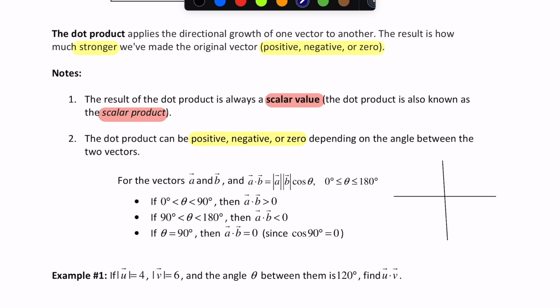Using our CAST rule, cosine is positive in quadrant 4 and quadrant 1, and cosine is negative in quadrant 2 and quadrant 3.